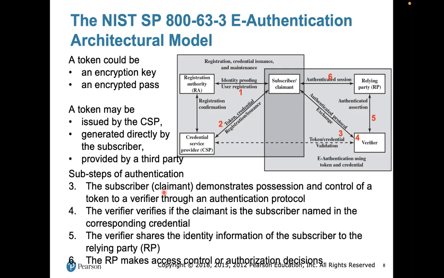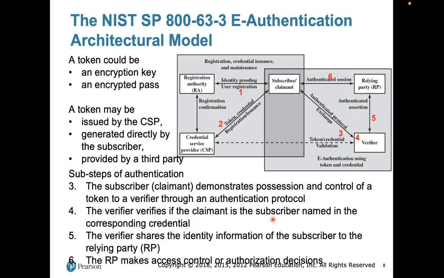So the subscriber or the claimant demonstrates possession and control of the token, and in general might be credentials, to be verified by a component that we call the verifier. The verifier verifies the claimant's information and makes sure that it matches the subscriber, or at least the subscriber named by the claimant, and everything matches.